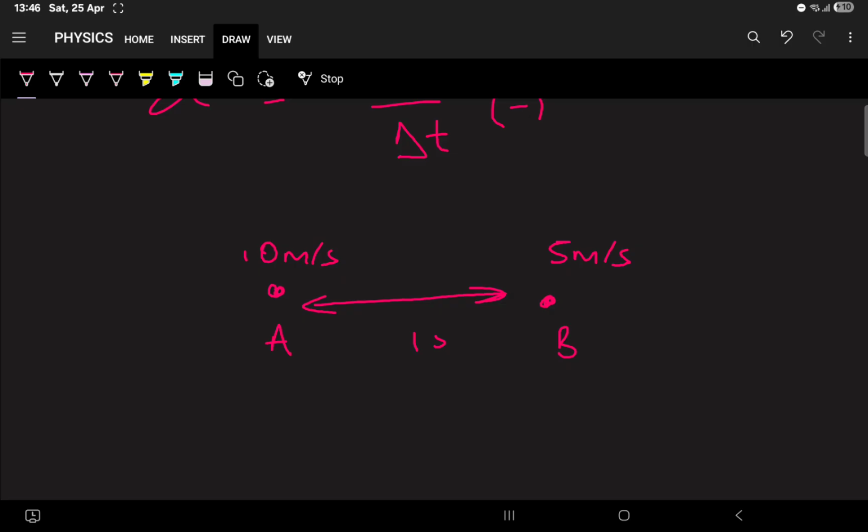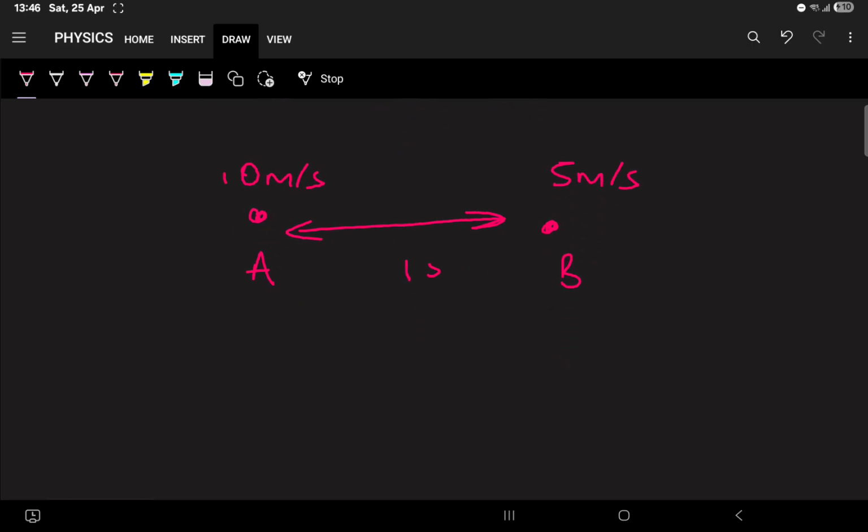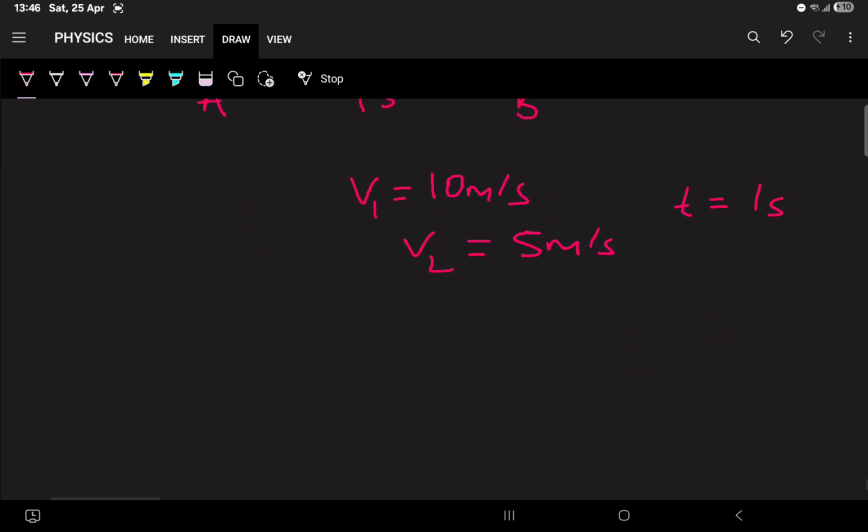Now our V1 is 10 meters per second, V2 is 5 meters per second. Our time interval is 1 second. Now our acceleration is change in velocity divided by the time interval, which we represent by t.